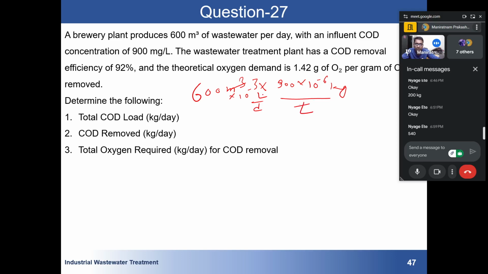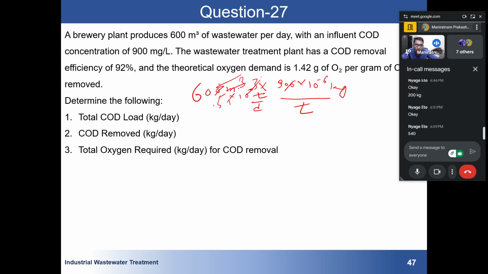This liter is gone. It will be 10 to the power 3, sorry. So 1, 2, 3, 5, this much is gone. So yes, it will be 540.